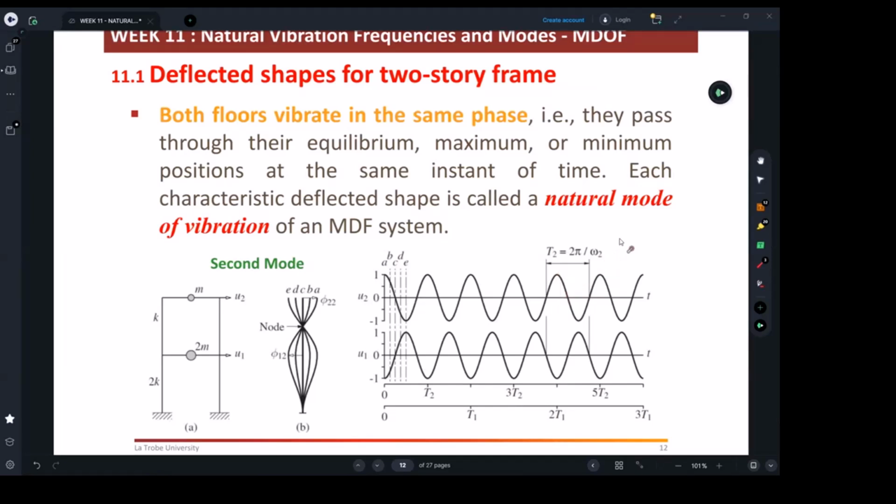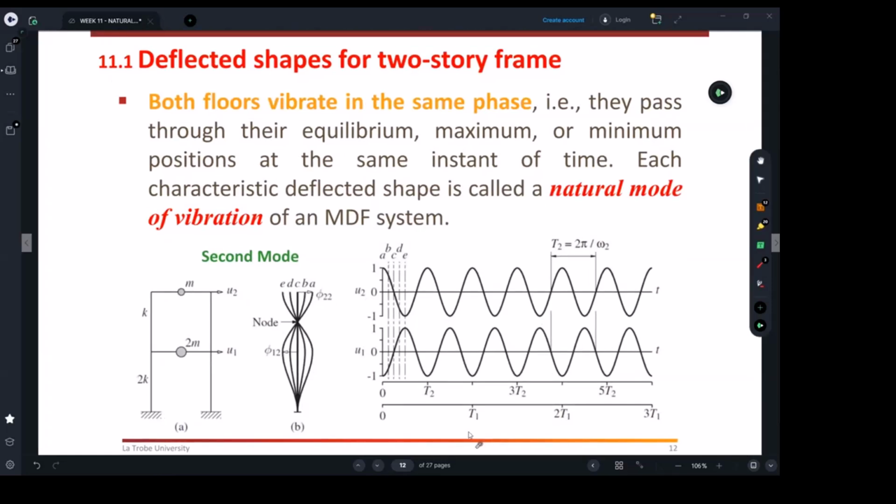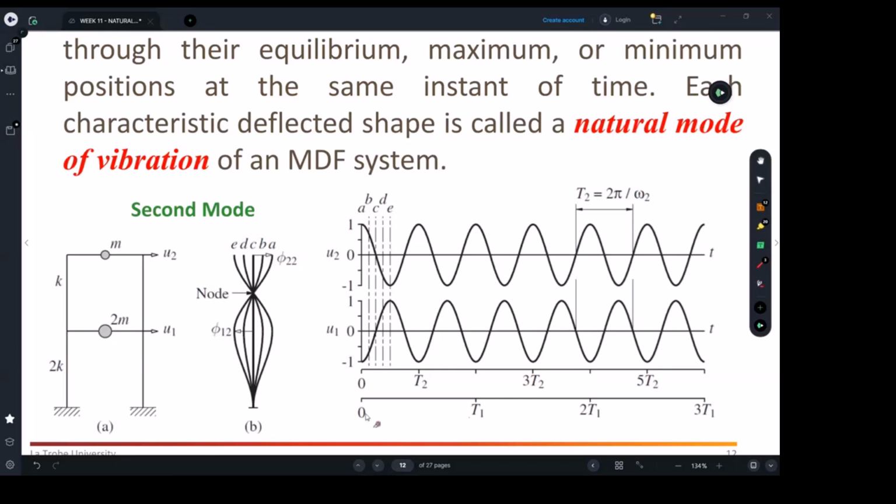This again shows you the difference from the first mode. This is the time for the first mode, which is longer than the time for the second mode. The time it takes the first mode to finish is almost double what the second one needs.